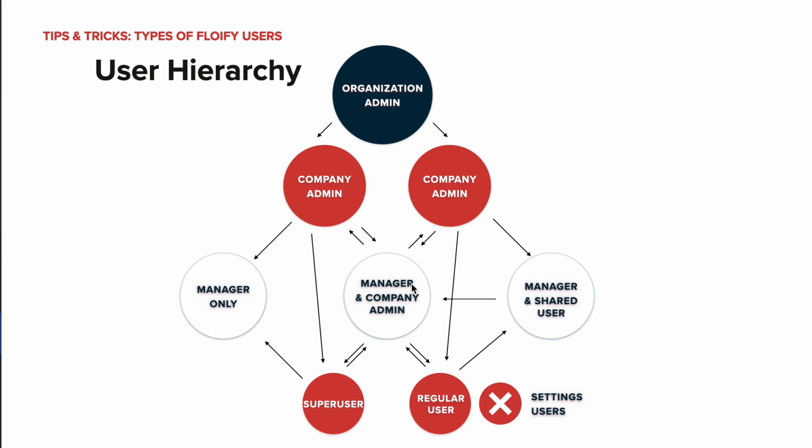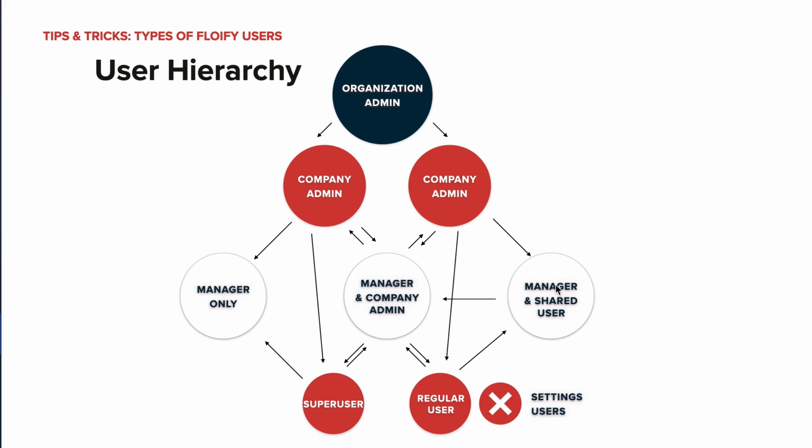Next, we have a manager and a company admin. So that manager then has access to their pipeline, but then they can also toggle into the company dashboard, which in turn allows them to log into any user, so supporting users as well. And then third, we have those managers and shared users. So this would be any manager who has access to a different pipeline.